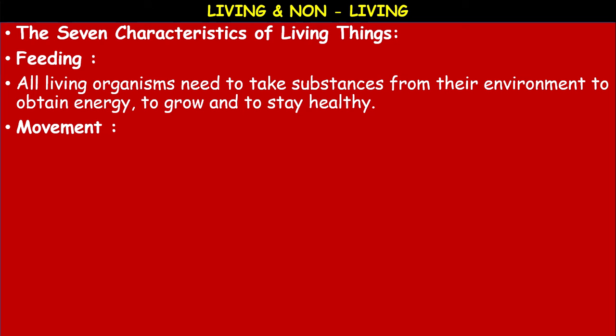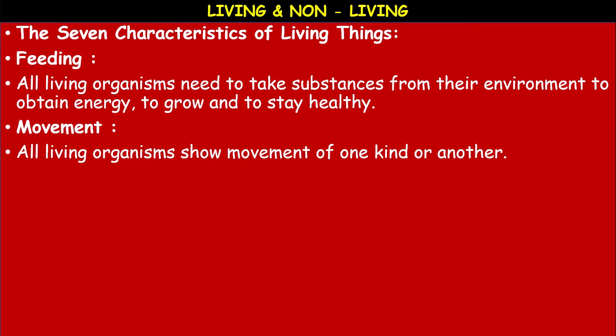Next, second characteristic feature, movement. All living organisms show movement of one kind or another. Can plants move? No, they are stationary, but they are living things. They also show movements, but internal movements.